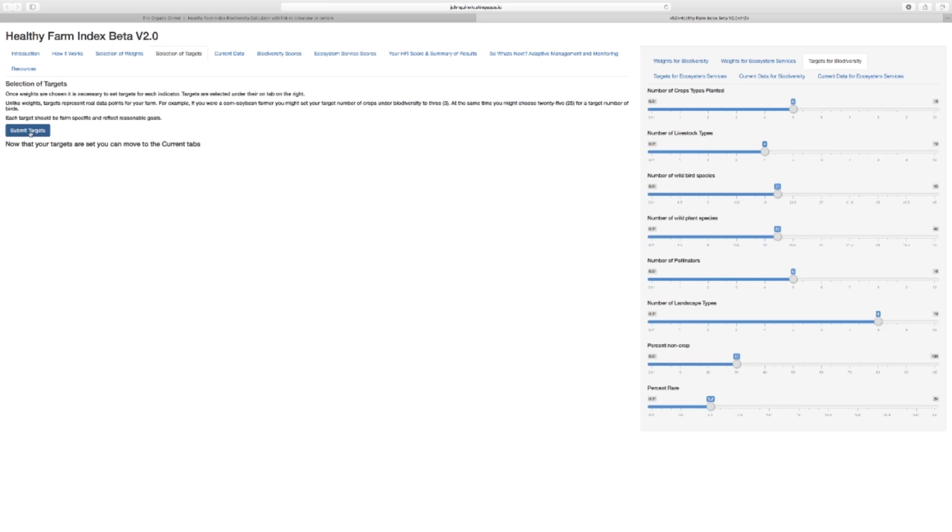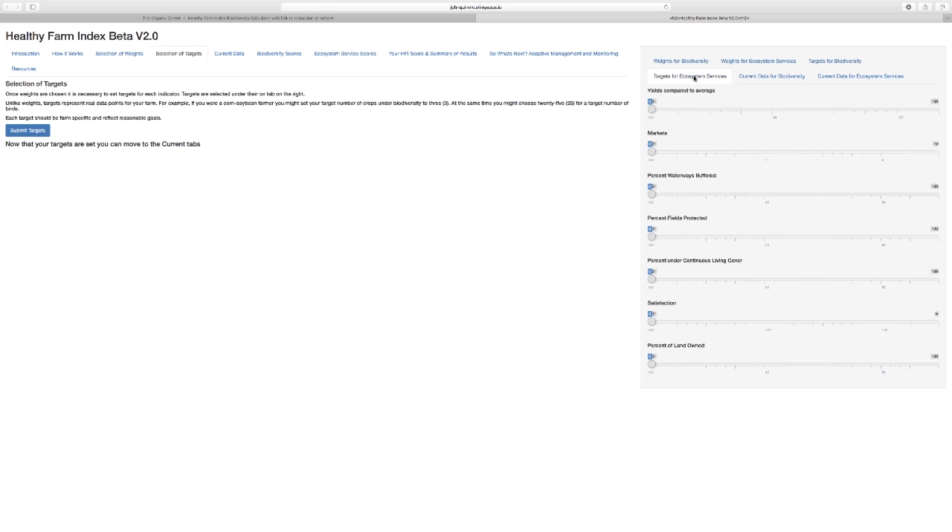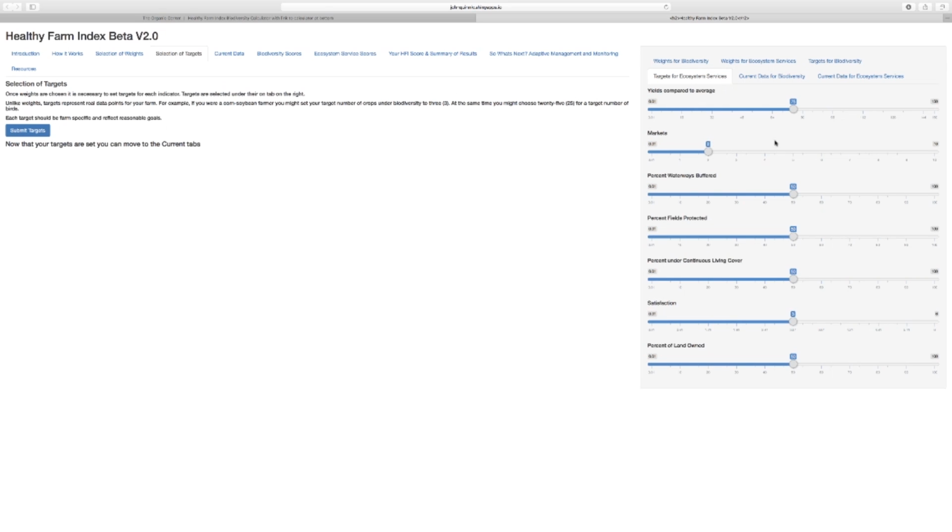So you can go through, submit those targets, and then we come back here for targets for ecosystem services. What yields compared to the average? You want to be at 100% of your average. You're going to put your market opportunities at 1, because that's where you are right now, and you're happy with that.